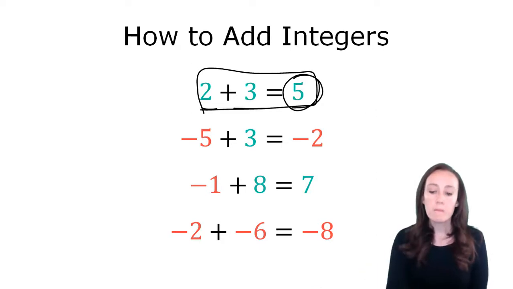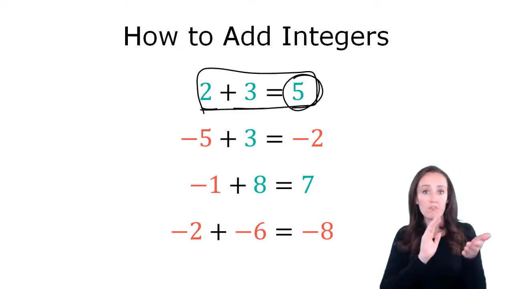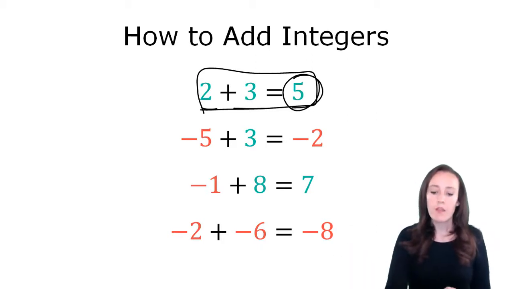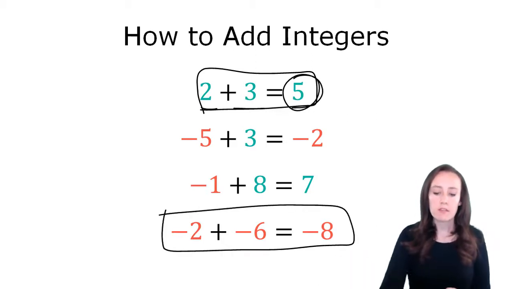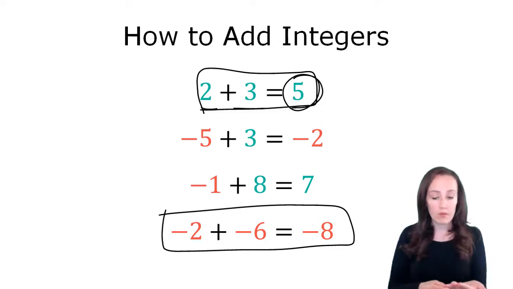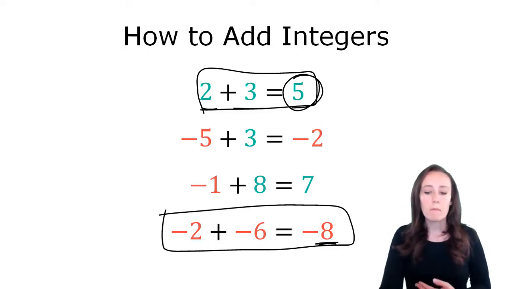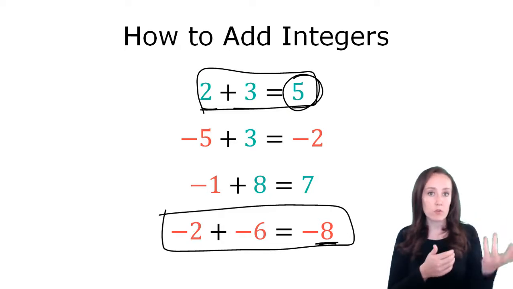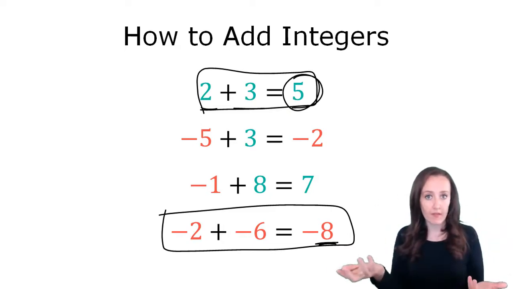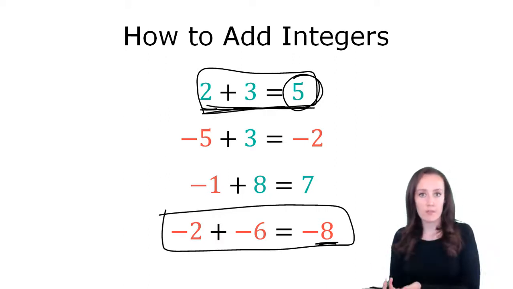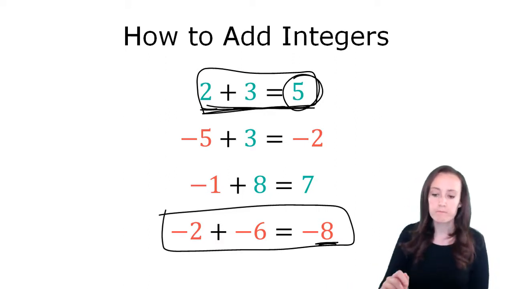And the number is going to be those two values added together. So like 2 plus 3 is 5. And the same thing happens when you add together two negatives. You do a negative 2 plus a negative 6. 2 plus 6 is 8, but it's negative because they were 2 electrons and 6 electrons, versus in this first example, they were 2 positrons and 3 positrons.